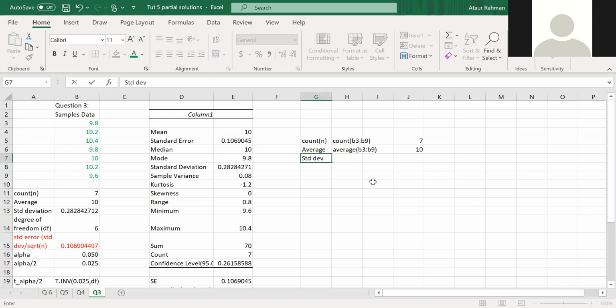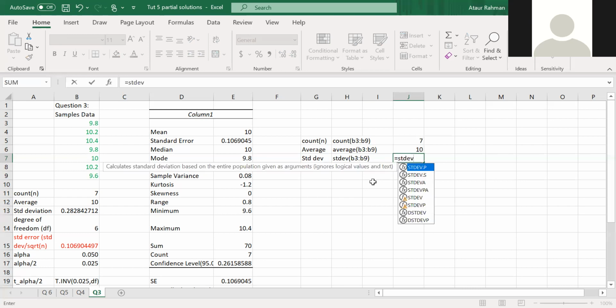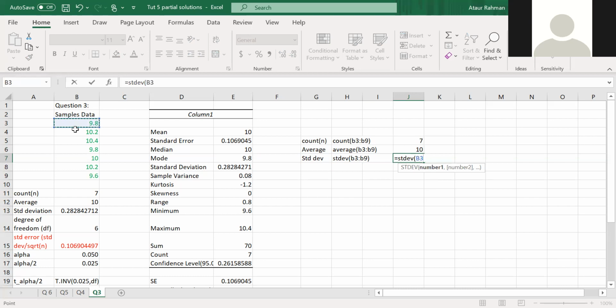The standard deviation equation is STDEV, and our range is B3 to B9.